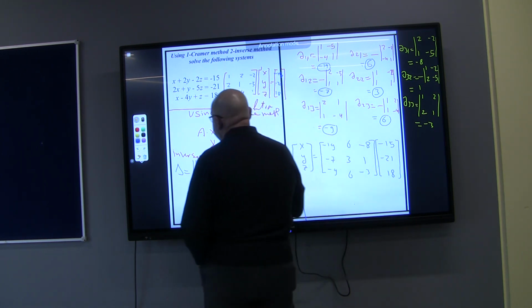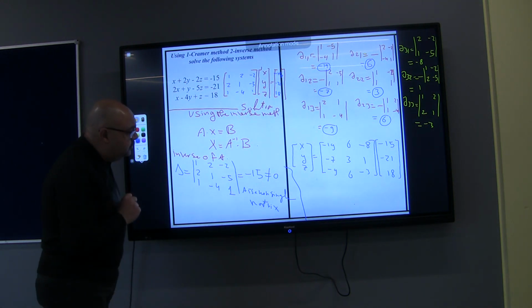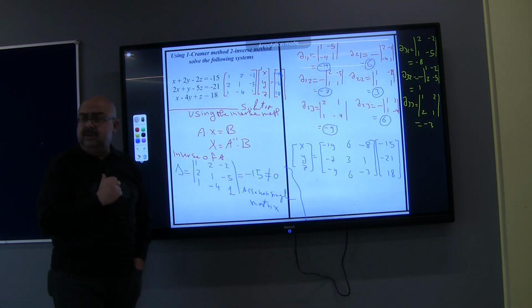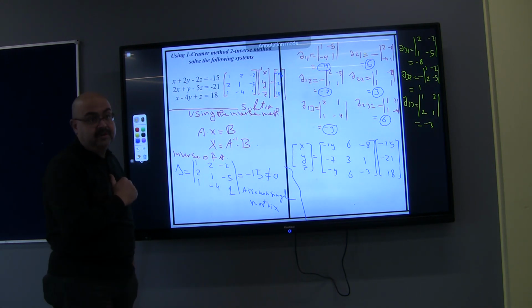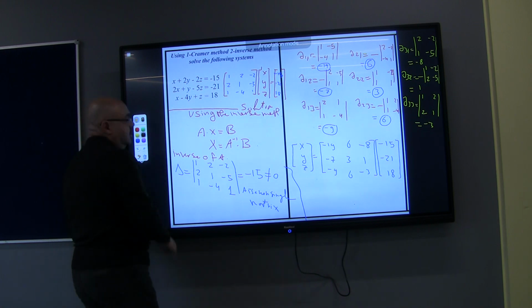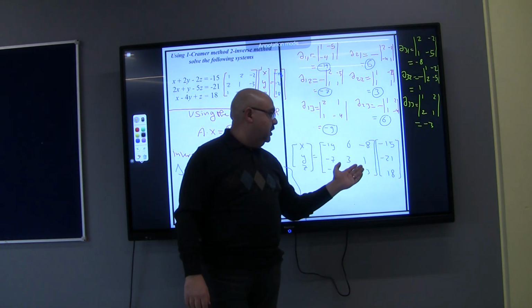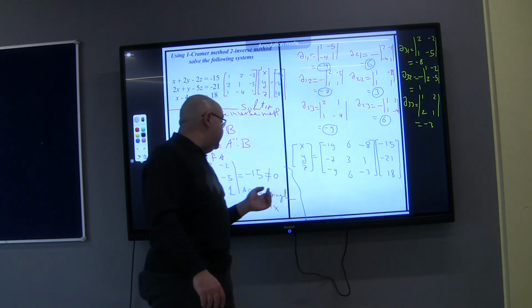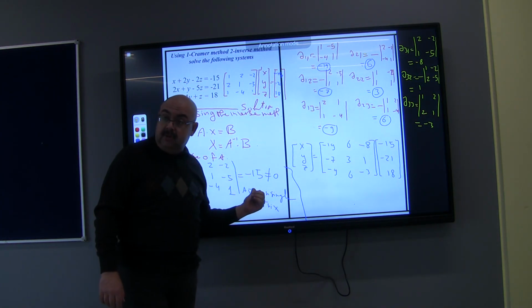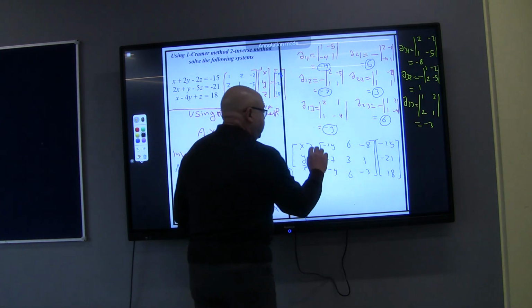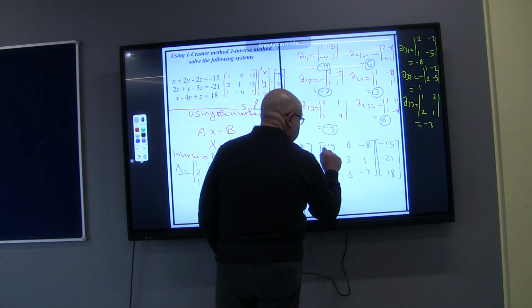I really made a mistake. Anyone? What's the mistake? What did I forget to write? I forgot to divide the cofactors by the determinant of the matrix. Okay? So actually, it remains just to write it here.